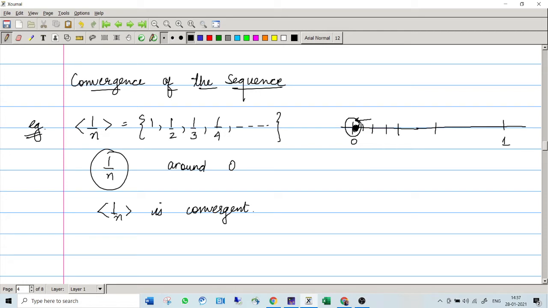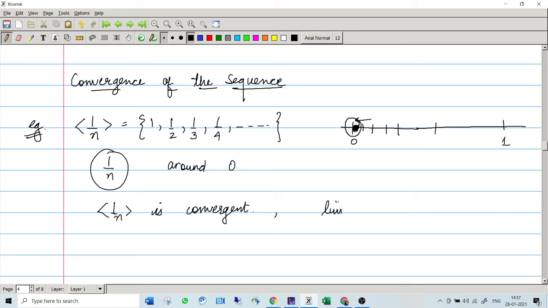So is the essence of the topic clear? A sequence is said to be convergent if a cluster is being formed around a point, or rather you can find a point where the cluster is formed. In such a case we call the sequence convergent, and the point around which the cluster is being formed is called the limit.